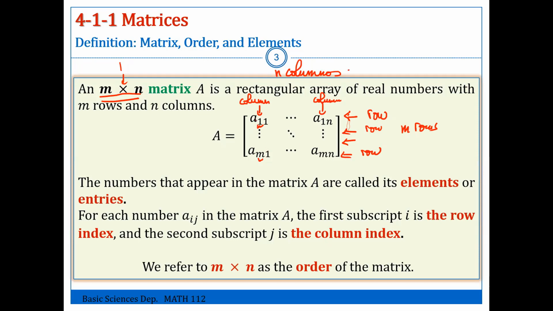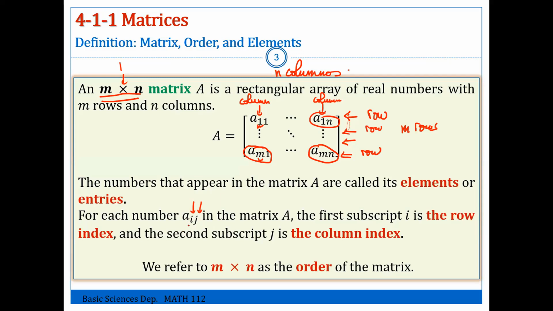All these numbers A11, A12, A1N, AM1 are called elements of the matrix. So this is an element, this is an element. The element is characterized by these indices, which give us its position in the matrix.